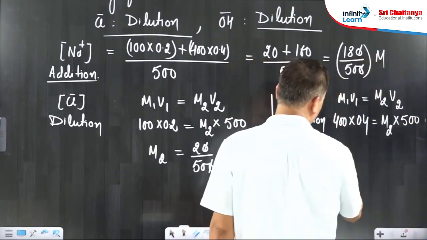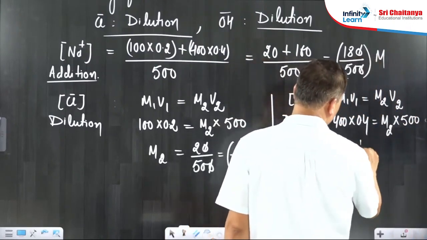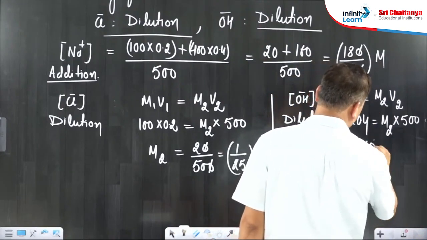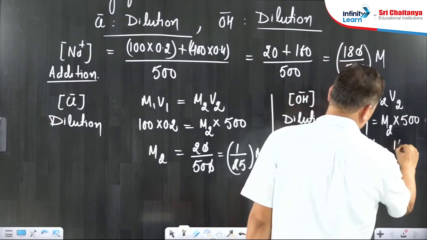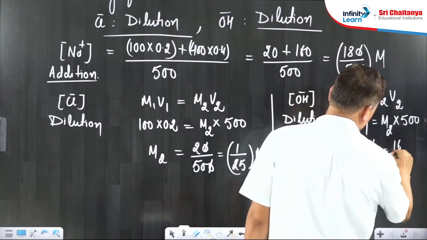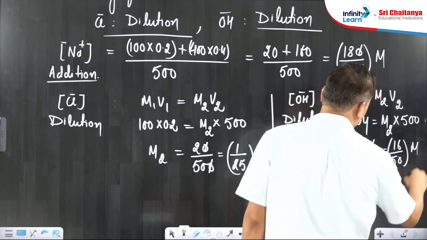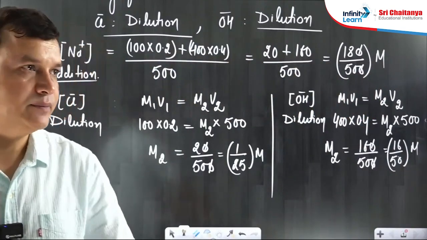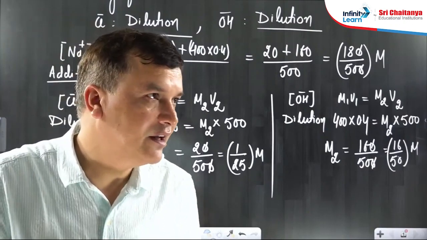So M2 is equal to 160 upon 500. This is the molarity of OH ion in the final solution. Please respond, is it clear or not?